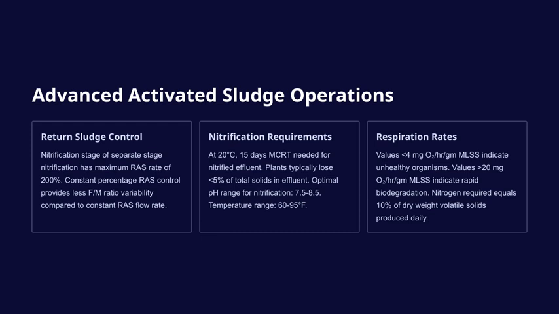Now, regarding respiration rates, these values give us insight into the health of our microbial community. If the respiration rate is less than 4 milligrams of oxygen per hour per gram of MLSS, that indicates the organisms might be stressed or unhealthy. Conversely, rates above 20 milligrams per hour suggest rapid biodegradation, which is usually a good sign of active biomass.